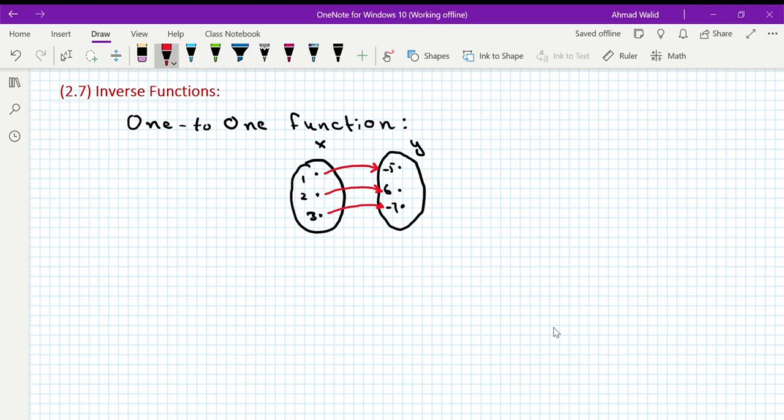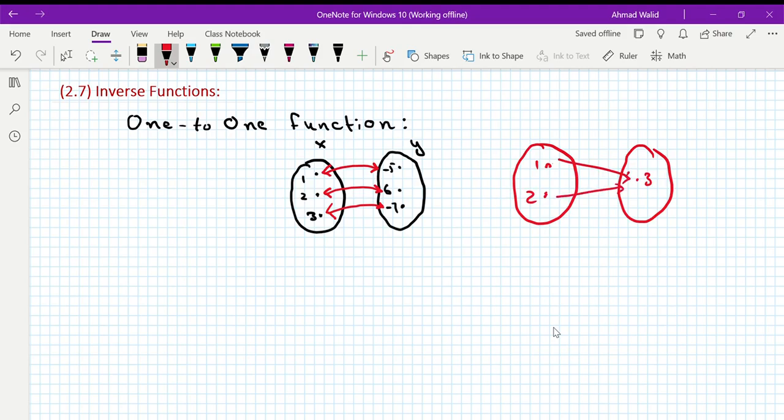The opposite way should also work. For every element in the range, there should be only and only one corresponding element in the domain. You see, I draw like this, both sides. We call this one-to-one. Look, before you could have this: 1, 2, 3. 1 goes to 3, okay. 2 goes to 3, okay, yes, it's a function.